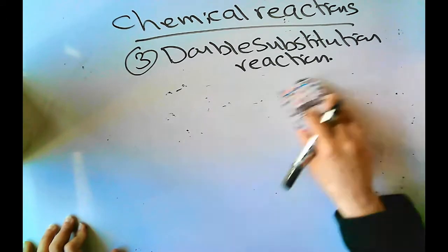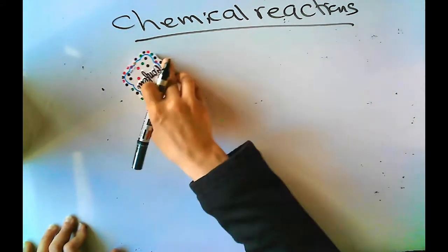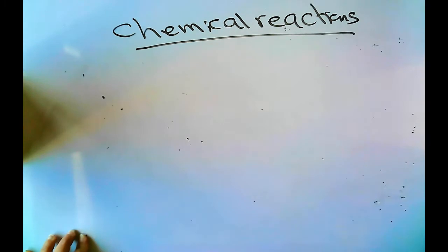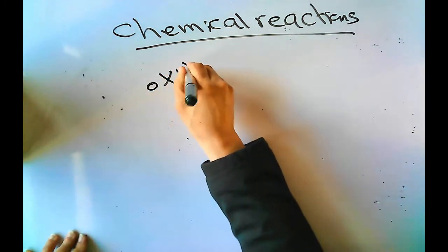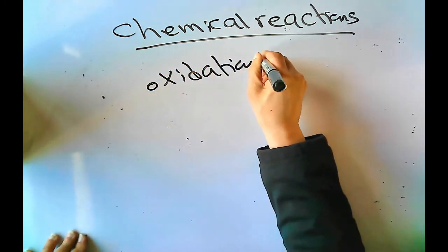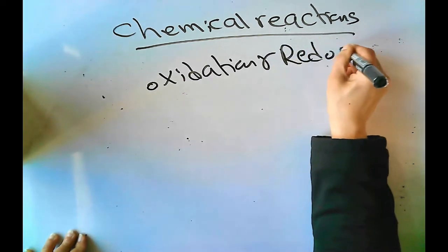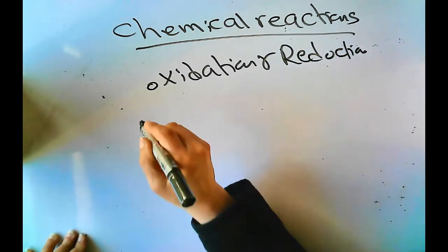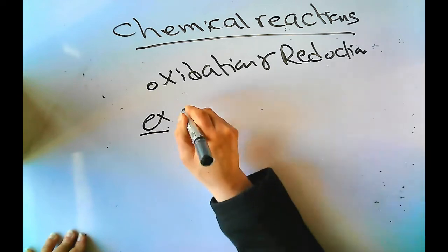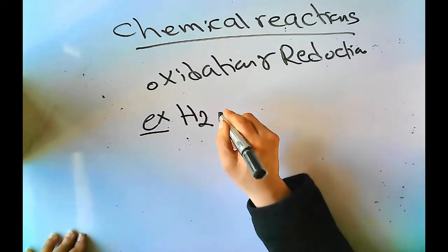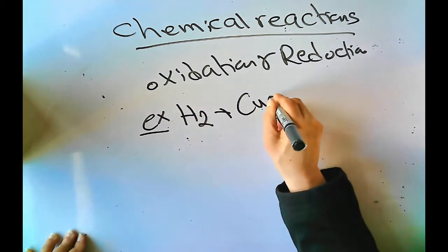The fourth type of chemical reaction is oxidation and reduction. Example, hydrogen gas is passed over copper oxide.